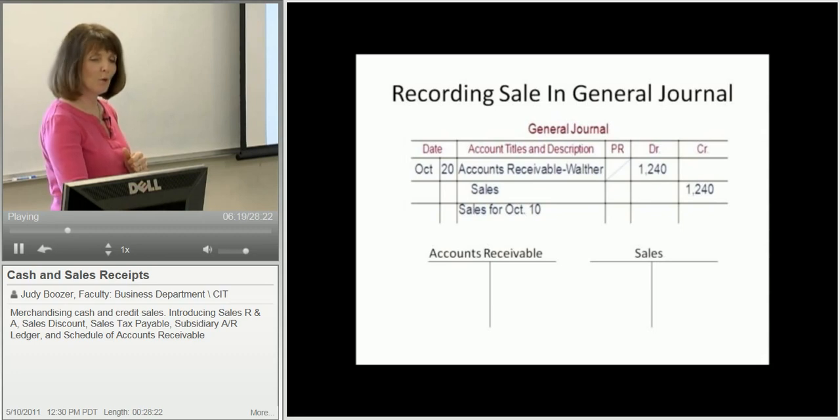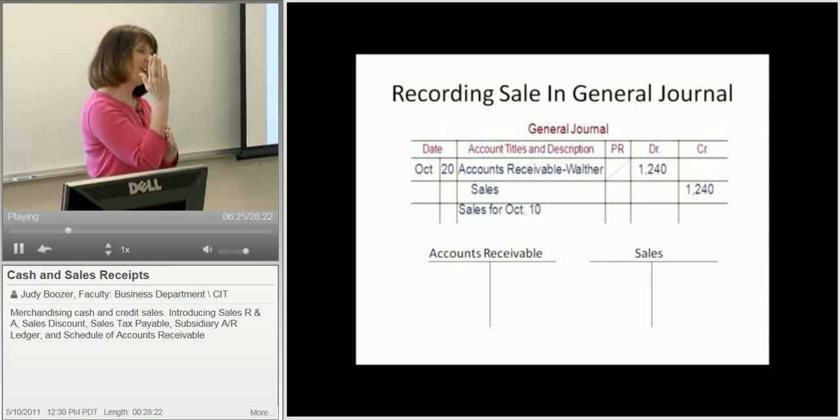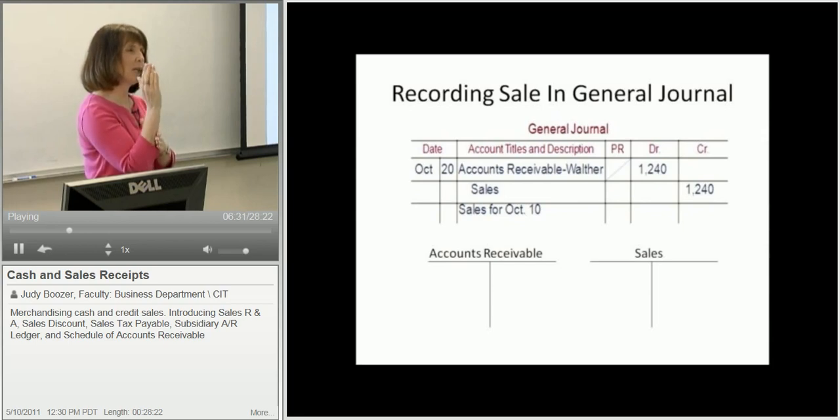So look over in the post-reference column. What do you see? A slash mark. Is that there? No. But you're going to put it there. Every time you see accounts receivable in a journal entry, in the post-reference column, you're going to put a slash.